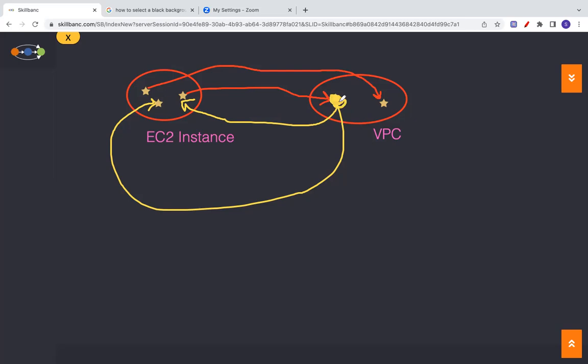Okay. How many VPCs is this particular VPC connected to? One VPC can be connected to another VPC also. Since there are no connections like that, we haven't connected these 2 VPCs.